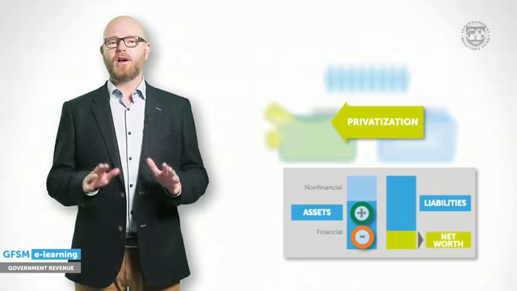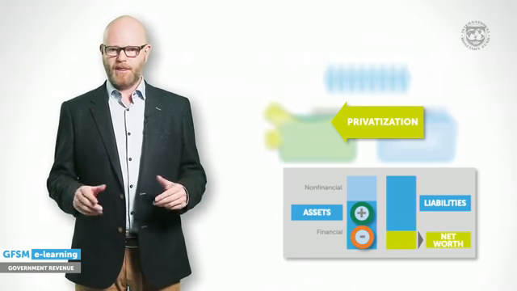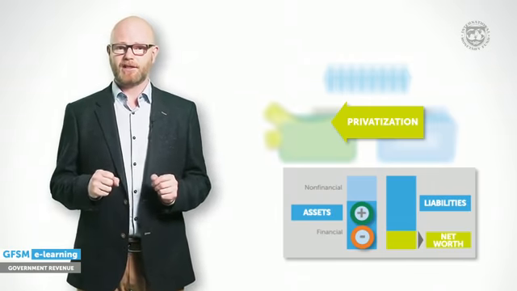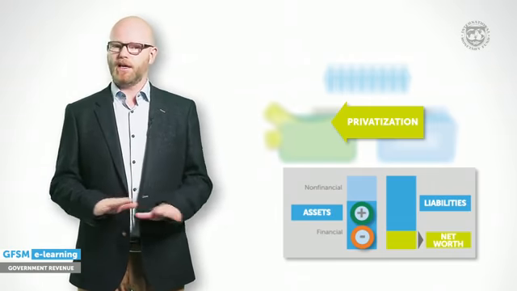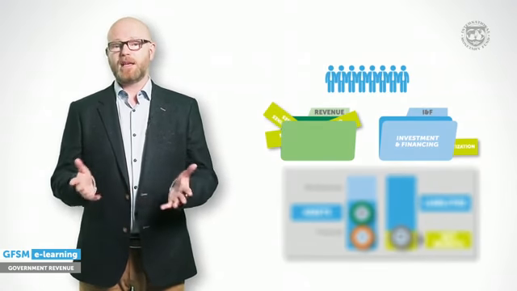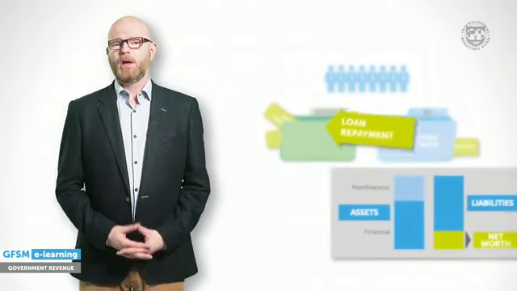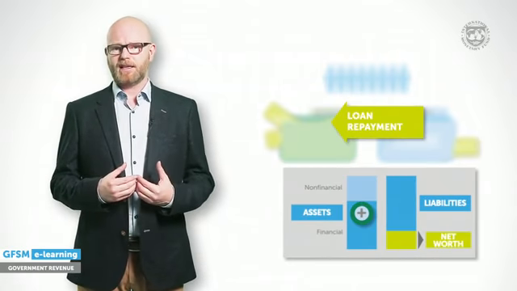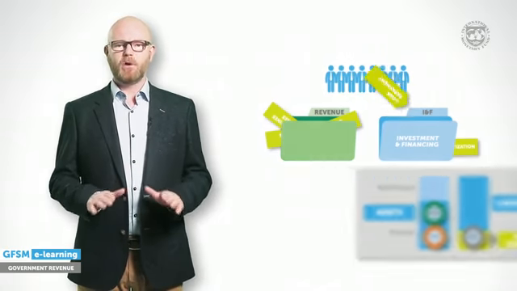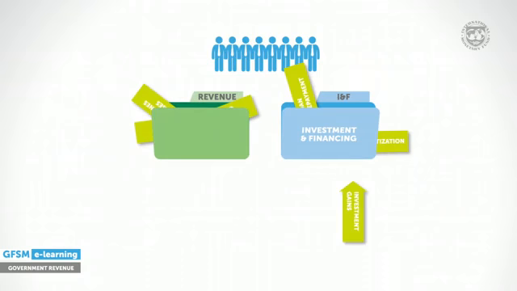Thus, a so-called financial transaction is recorded, the disposal of a financial asset in exchange for the receipt of another financial asset. Net worth remains unchanged. No revenue is recorded. It's the same story with the repayment of the loan. While the inflow increases financial assets, a respective loan asset is reduced or extinguished. Net worth is not affected.